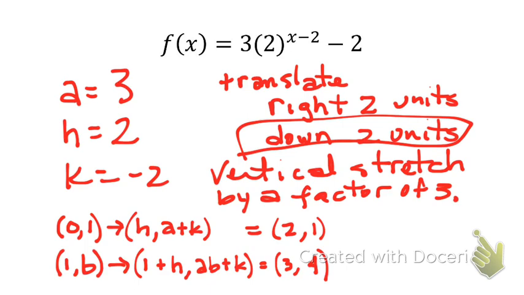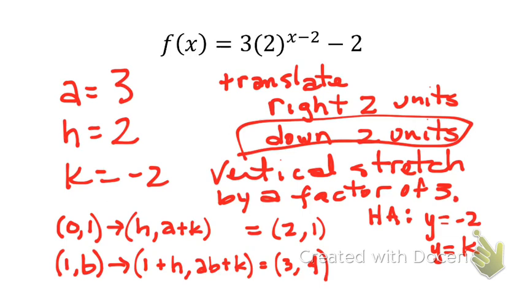So our reference points that we would plot on our paper are going to be (2, 1) and (3, 4). The horizontal asymptote, as we said earlier, is going to move down 2 units, so that'll be y equals negative 2. It's always going to be y equals k.